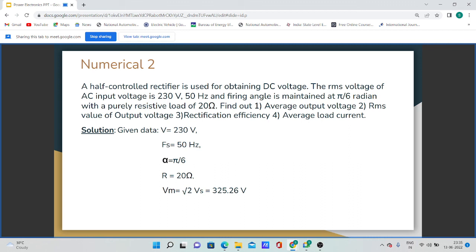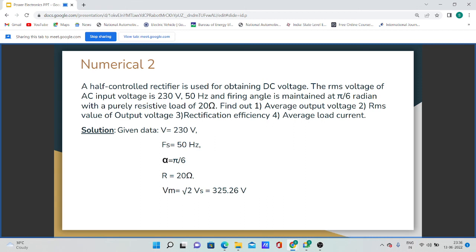Then we have to find the average output voltage, RMS value of output voltage, rectification efficiency, and average load current. So the value of Vm will be under root of Vs, equal to 3.26 volt.